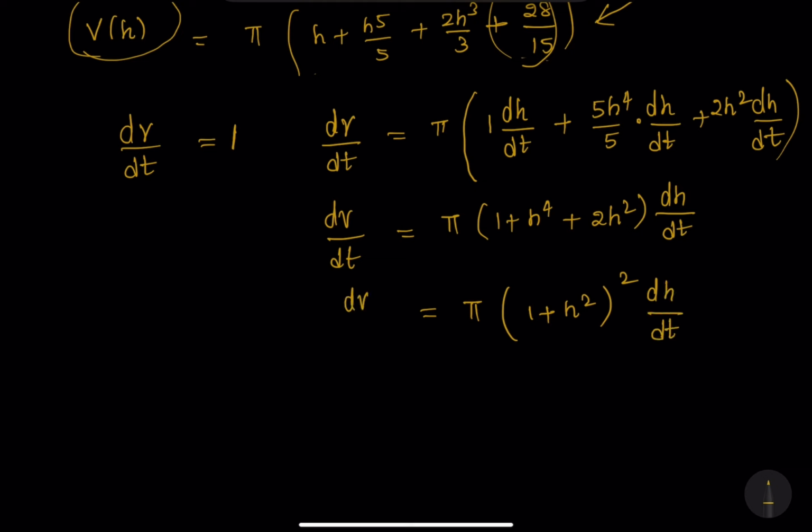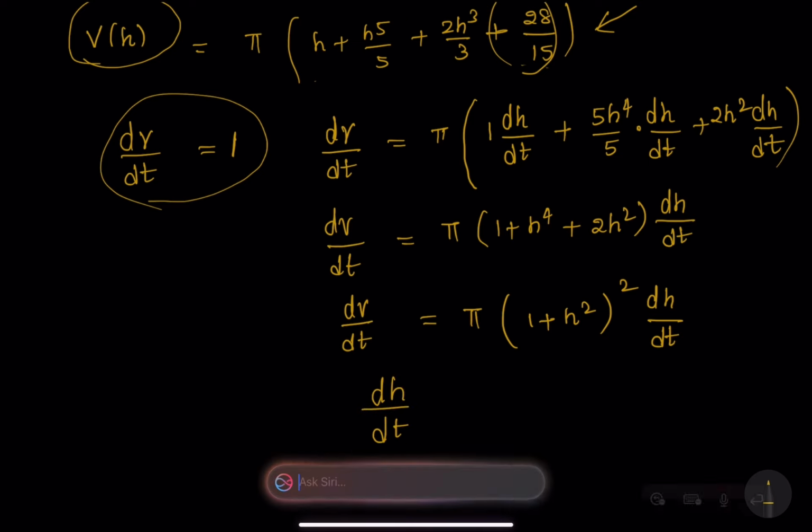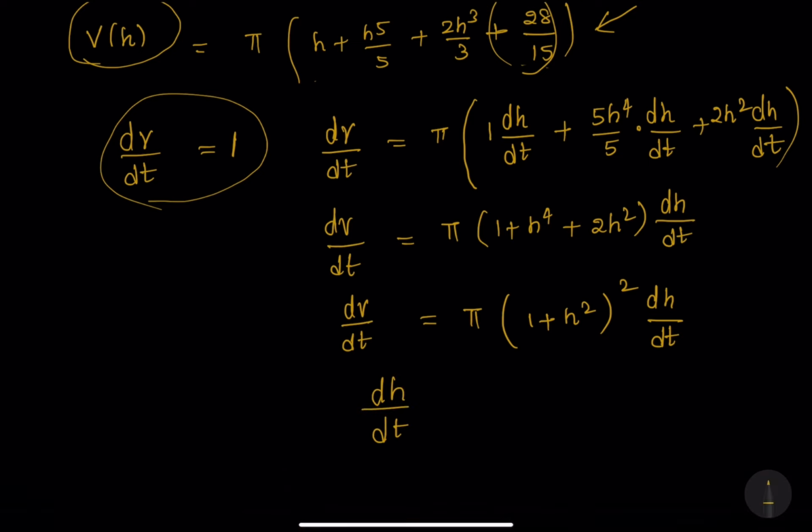This is your dV upon dt, and dV upon dt is 1, it is given in the question. So dh upon dt is equal to 1 upon pi times (1 plus h square) whole square.